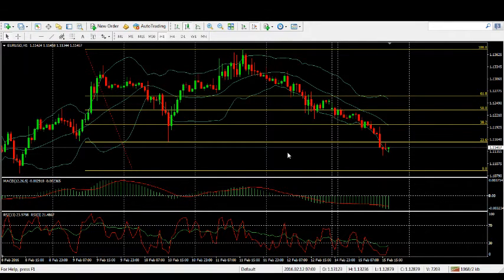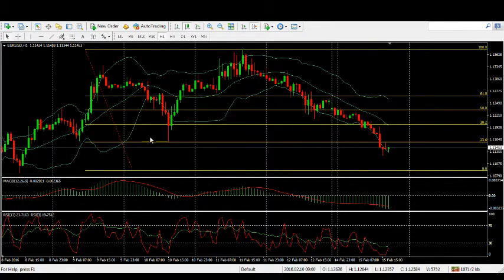Maybe we can sell some contract on a correction here, and then this is the confirmation, but we do not know anything yet. We can maybe expect a 4 hour trend correction on Euro USD.